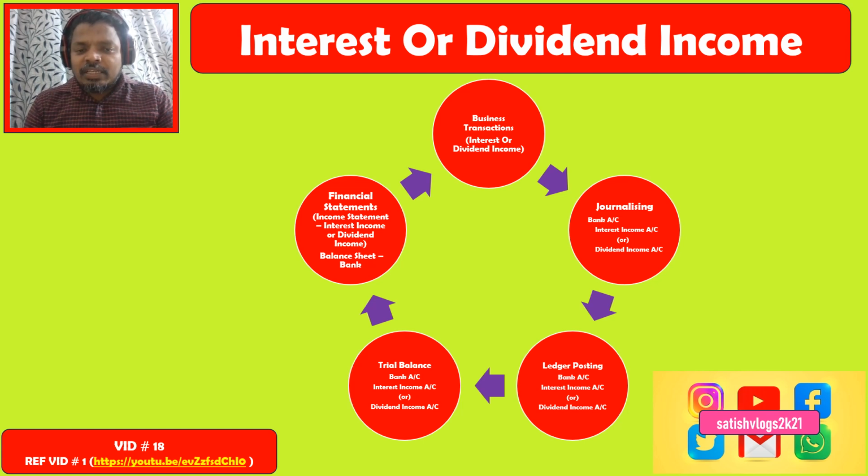Hope this is clear. Similarly, if our business entity invests amounts in the debentures of an outside company, then in such a case, a specific rate of interest would be paid by the outside company on a frequent term basis, and whatever interest is received by our business entity would be treated as interest income.